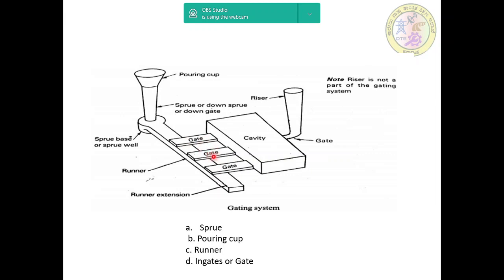The number of gates used may vary and depends on the size of the casting and the rate of solidification of the molten metal. A gate may be built as a part of the pattern, or it may be cut in the mold using a gate cutter tool.